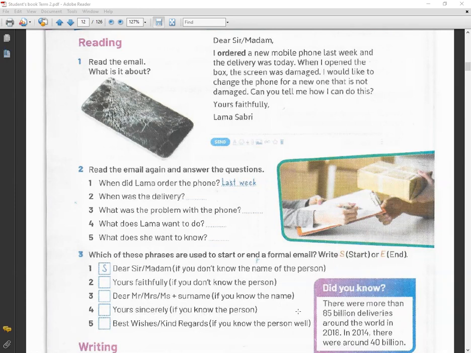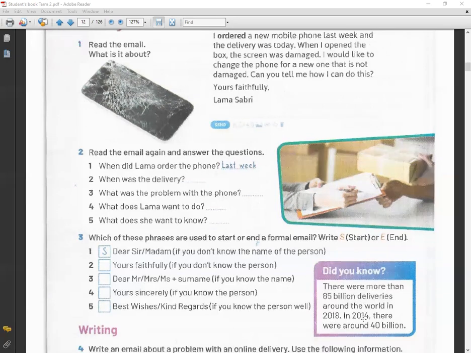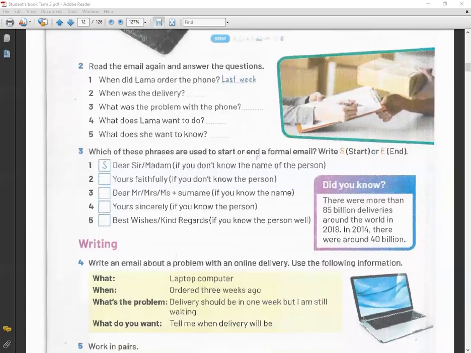Here we have, did you know, in this box, there were more than 85 billion deliveries around the world in 2018. In 2014, there were around 40 billion. Here, please write an email about a problem with an online delivery.